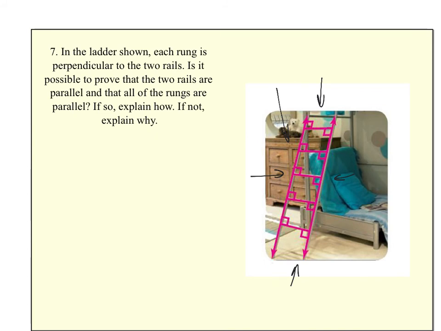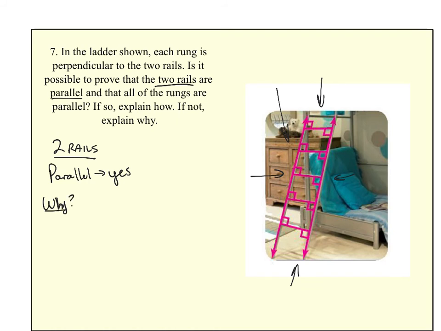Is it possible to prove that the 2 rails are parallel? And so we have the 2 rails, and then parallel. And I would say yes. And why?